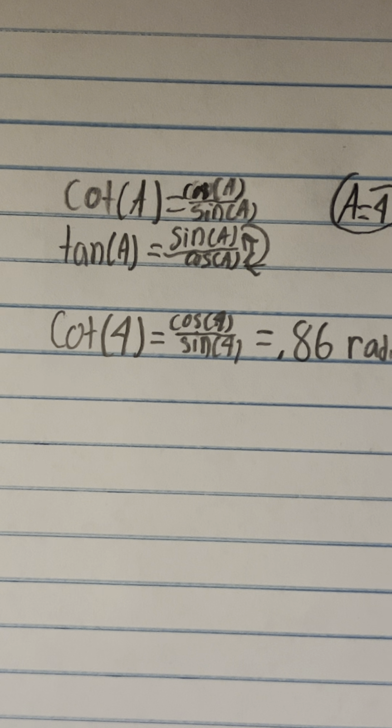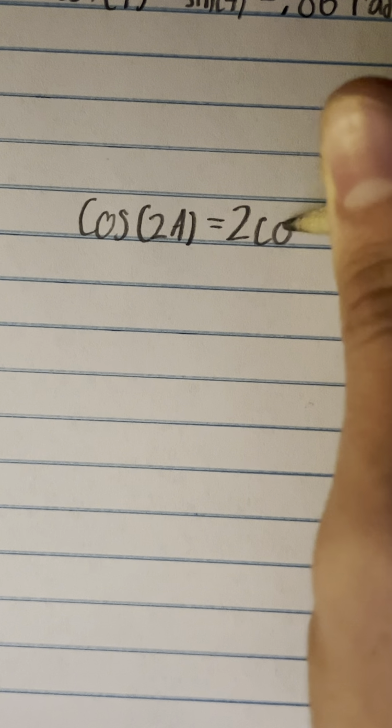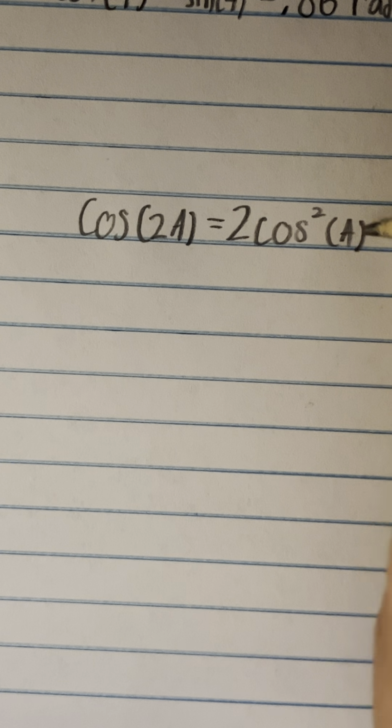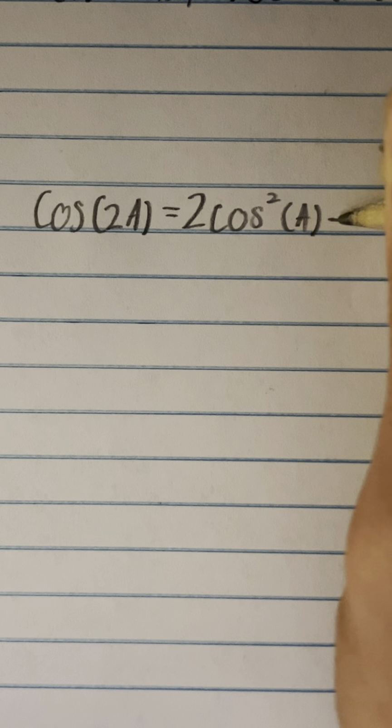Next, there is cosine of 2a, and that can equal 2 times the cosine of a squared minus 1.